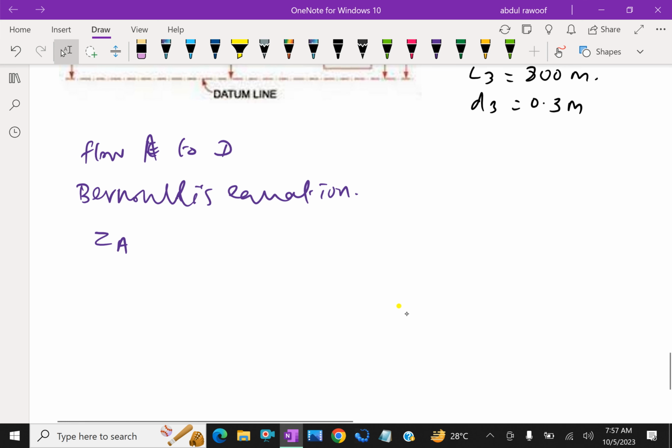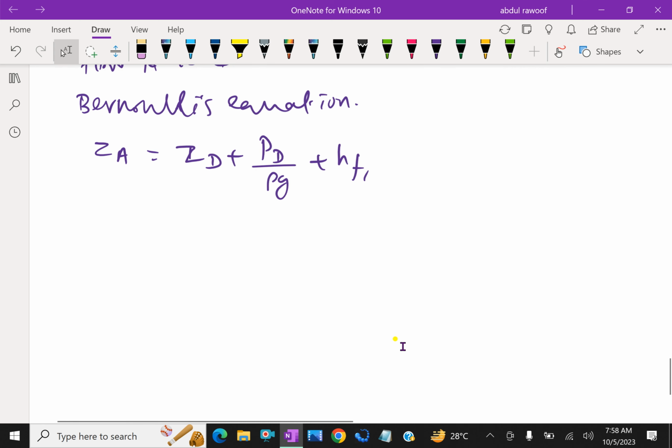ZA, then the right side is ZD plus pressure at point D over rho g plus HF1, where HF1 is 4 f L V squared over D 2g.